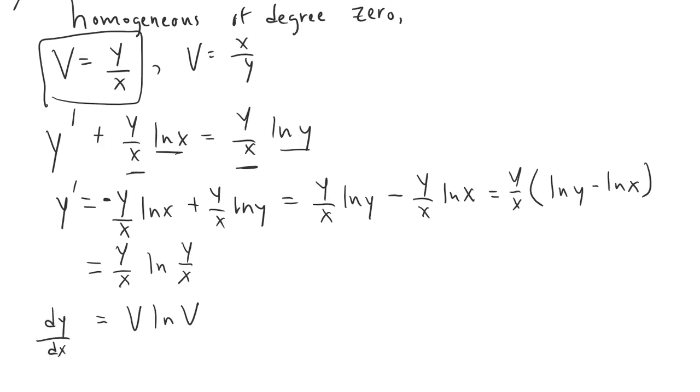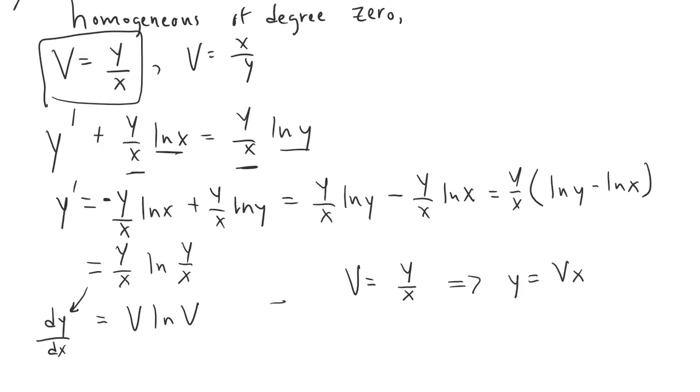But that's a problem. Notice we've got that y term in there, and I don't want a y term anymore. All I want is things that are in terms of v and things that are in terms of x. But what I do have is an equation. I know by my change of variable that v equals y over x, so that means y equals vx, just utilizing some algebra.